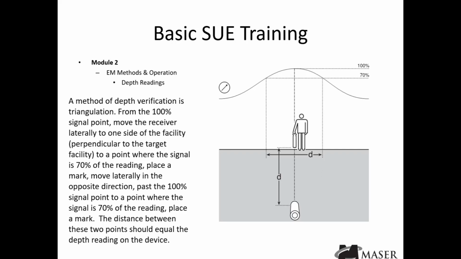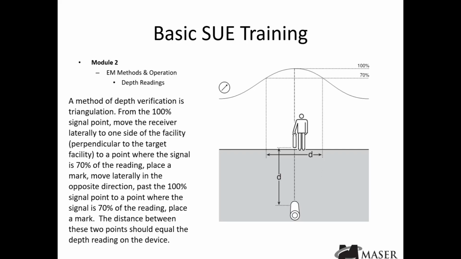So we use what we call the 70% rule. From the center peak signal with our receiver gain set at 100%, we note the number. Let's just say that the number is 1,000, and while we're at the peak signal, we're getting a signal value of 1,000. We move laterally to the left or to the right, but in one direction. So we move to the left until that signal is 70% of the 100% value.